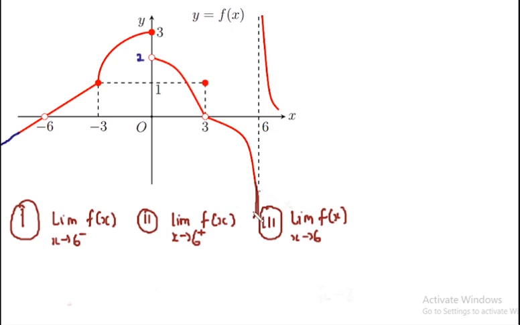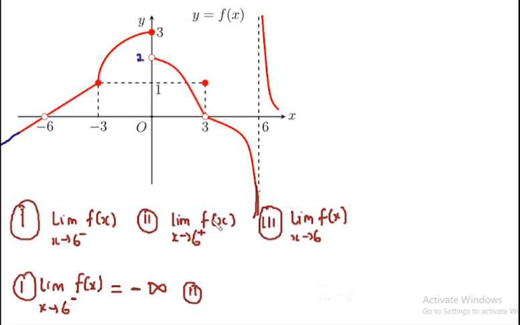Anytime you see this kind of thing, it means that the y value is approaching infinity. So the y value is decreasing very, very fast, and it is going to negative infinity here. So the limit here is negative infinity.